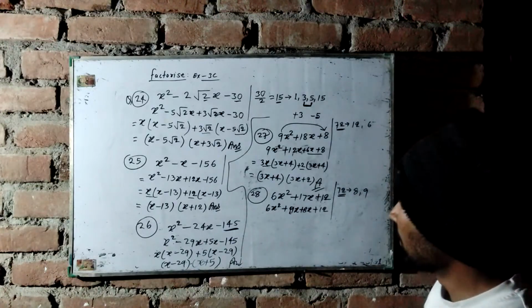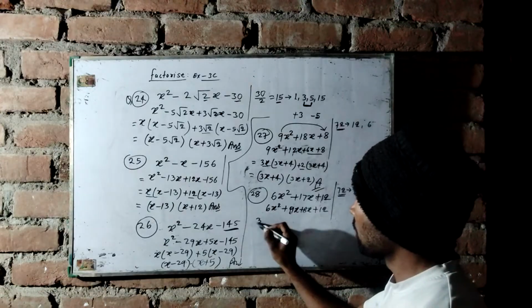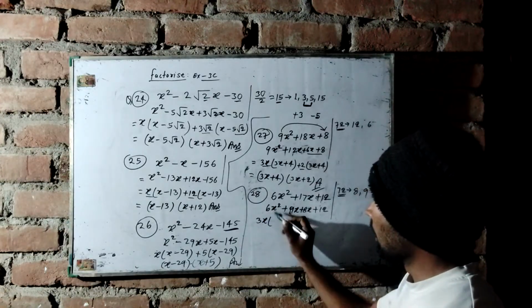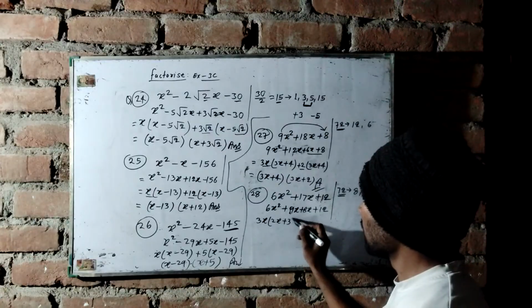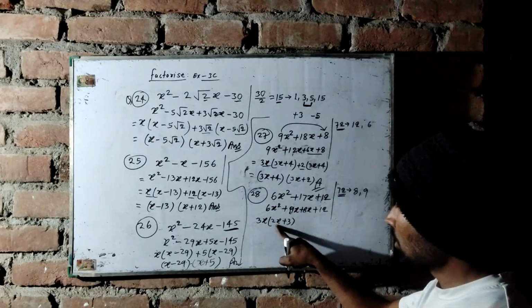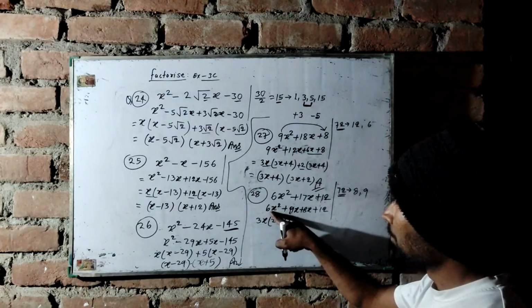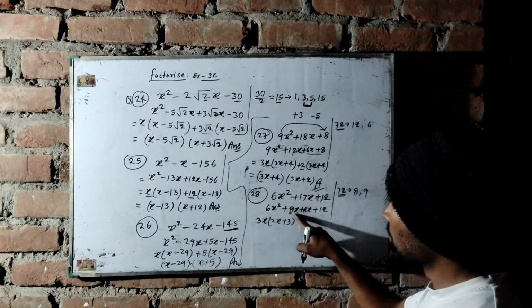So now you can take 3x as a common, and you can write 2x plus 3 as a multiple, because if you multiply this number with this number, you will get this number, and if you multiply this number with this number, you will get this number.